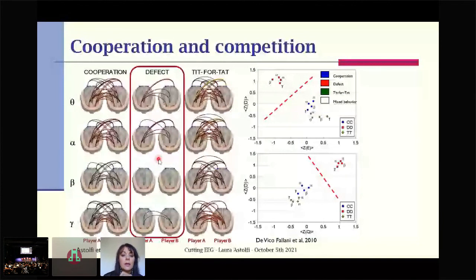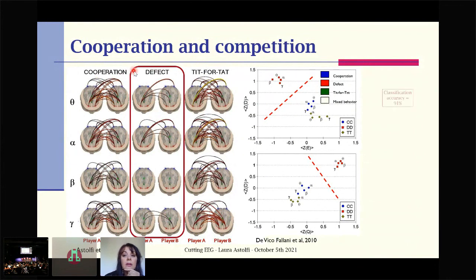In this study, based on a social cooperation/defection task, which is called the prisoner's dilemma, we performed a source domain multiple subject connectivity analysis, returning a strongly characterized multiple subject network, able to classify the cooperative behavior from the defective one.